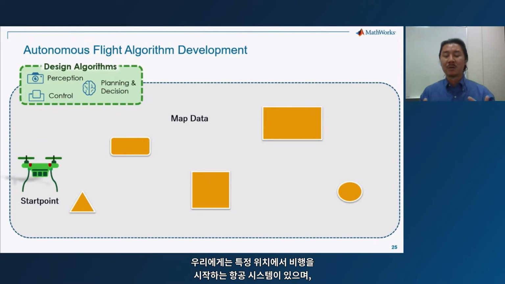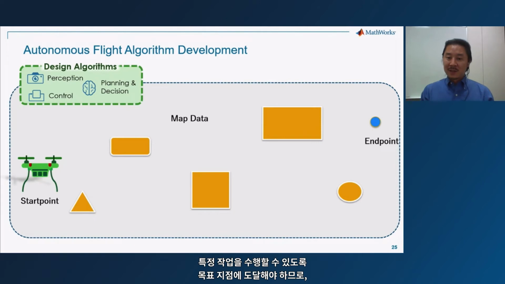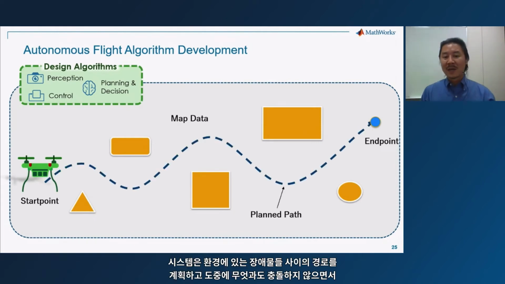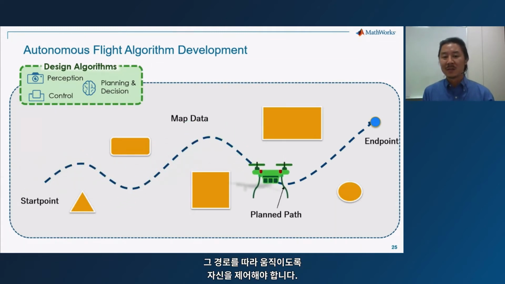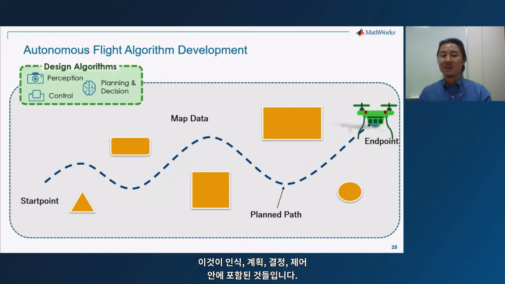So you have an aerial system which starts off at a specific location, and it needs to navigate through some obstacles within a given environment. It wants to get to an endpoint to perform a specific task. So it needs to plan a path between these obstacles in the environment and control itself along the path so that it's not colliding into anything along the way, right? So that's what's encompassed within perception, planning, decision, and controls.